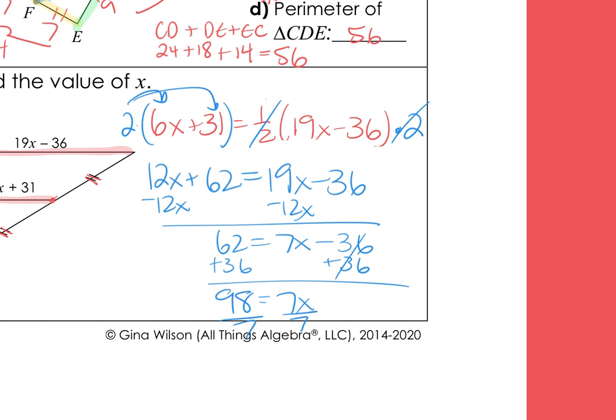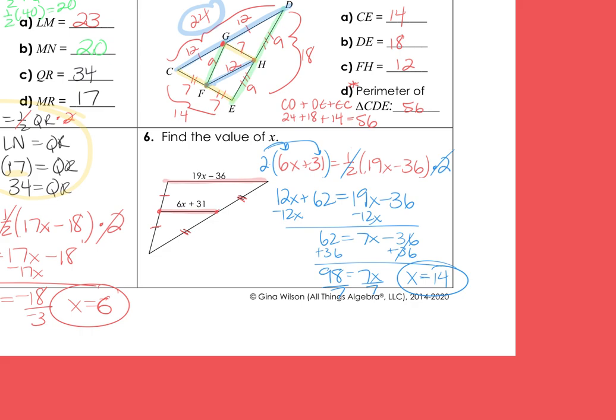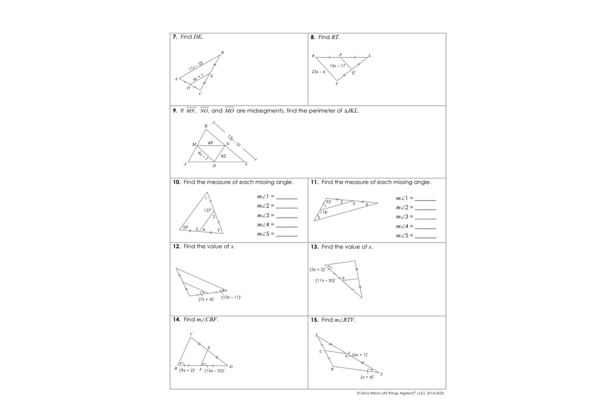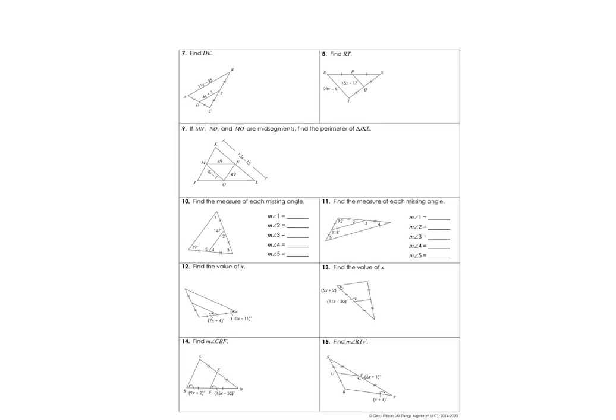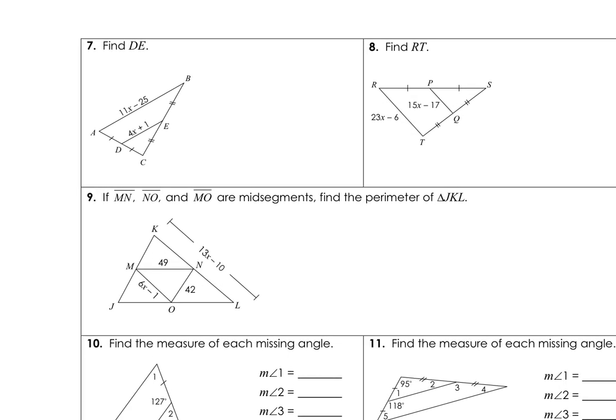Sorry, I'm just going through the algebra steps. You guys know this. And you should get x equals 14. All right. So in taking a look at the next thing that we have, it's going to just involve more algebra, but still using the exact same theorem. Okay, so for 7 and 8, I'm going to have you guys take a moment and try those.